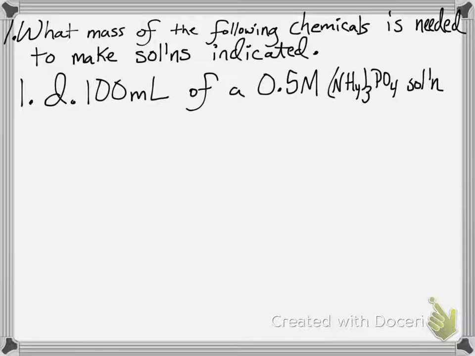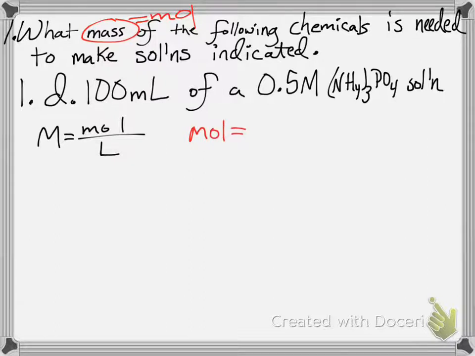Alrighty, let's see what we gotta do. So molarity equals moles divided by liters. Again, we are solving for mass, which is closely related to moles. So a lot of times I myself, once I've shown it to you, I always just rearrange the equation. So I know moles equals molarity times liters. And then I'm going to have to convert these moles into grams.